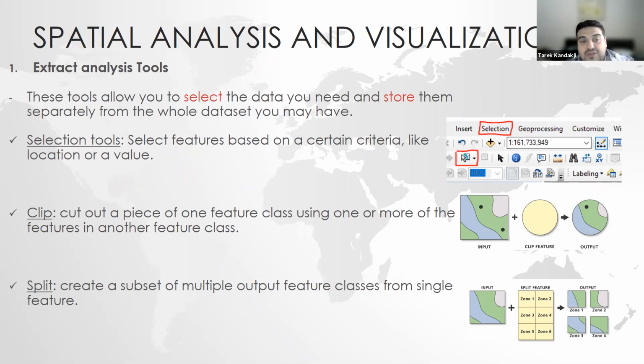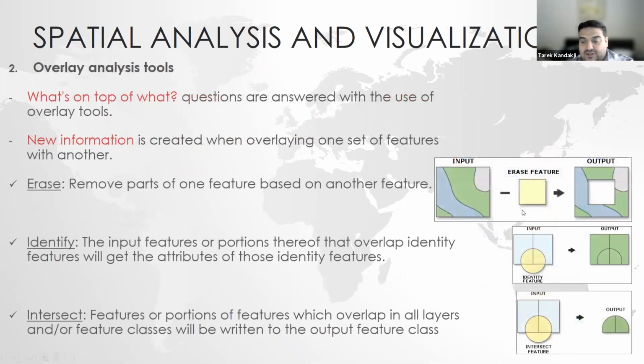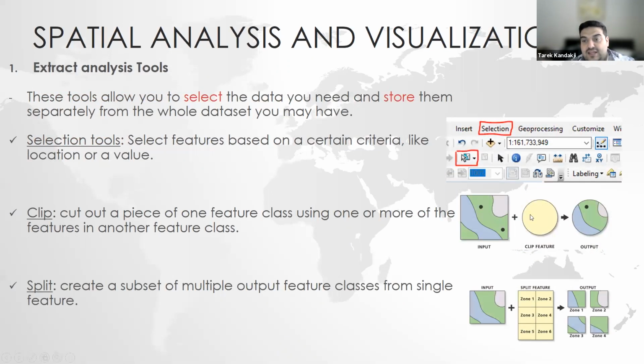The other type of extract analysis is the cutout, the clip. Clip is where you cut out a piece of one feature class using one or more of the features in another feature class. As you see here, this is the clip tool. So you have an input.